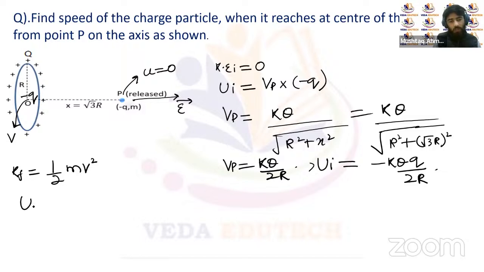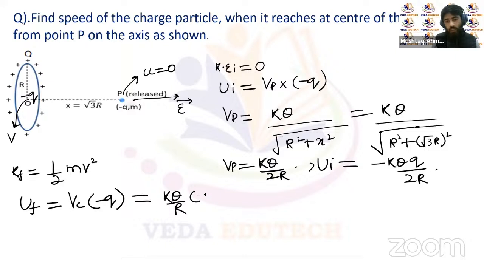And the final potential energy will be equal to the potential due to the ring at point O multiplied by this charge minus q, and the potential at the center of the ring multiplied by this charge minus q will be the potential energy for this ring and charge system at this point, right? So the potential at the center is kQ over R, multiplied by this minus q will give us the potential energy at this point, right?